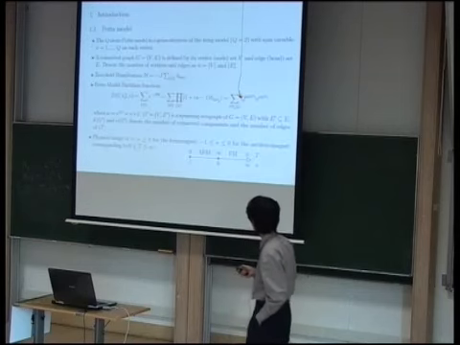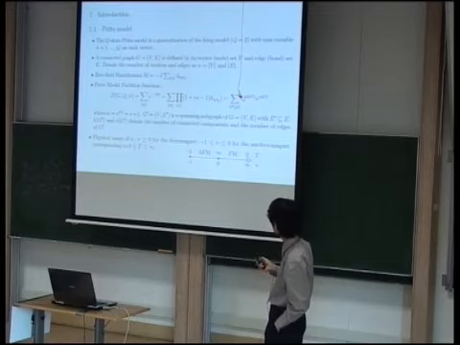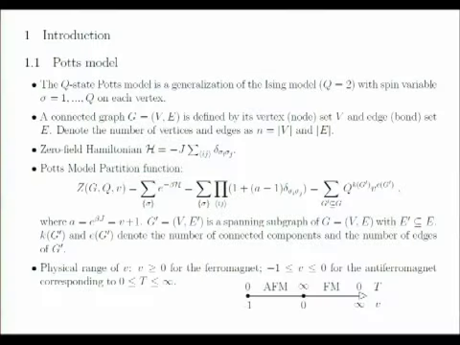Okay, so let me not repeat the definition, but just tell you the notation I use here. Capital Q is the number of states for the Potts model, and little n is the number of vertices, with the number of edges, and we consider the zero field Hamiltonian. So we have only two variables. One is the number of states Q, and another variable is v, which is exponential beta J minus 1.